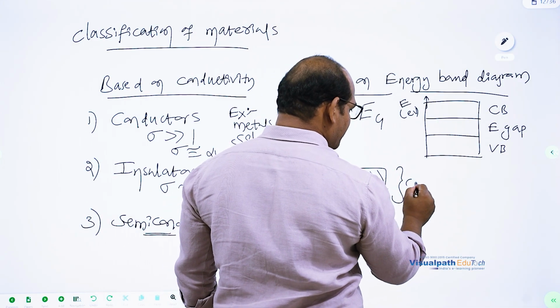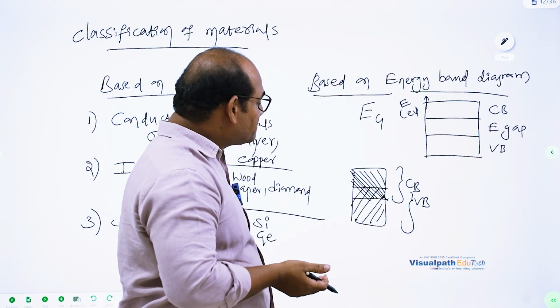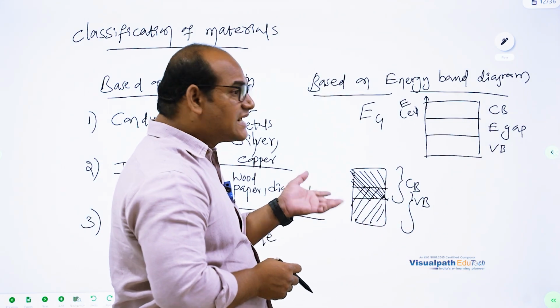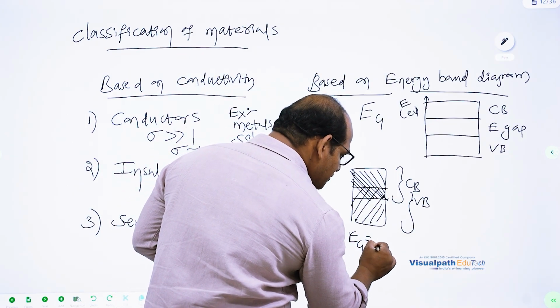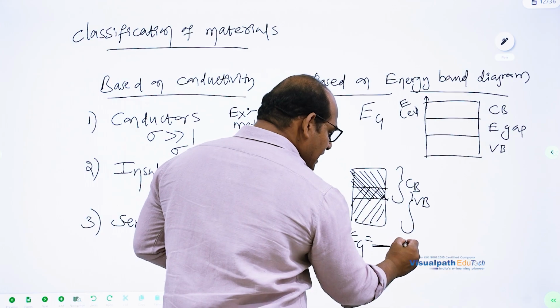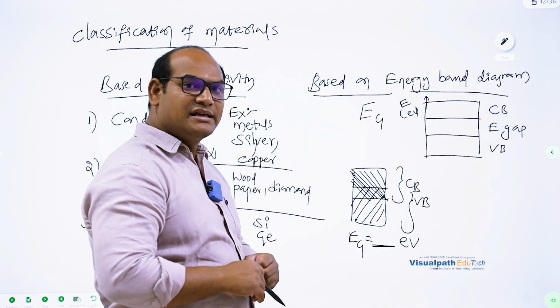So this is conduction band and this is valency band. Then it is nothing but we can tell it is a conductor. That means what is the energy gap here? Eg is equal to how much you can tell? What are the units of the energy gap? Electron volts.